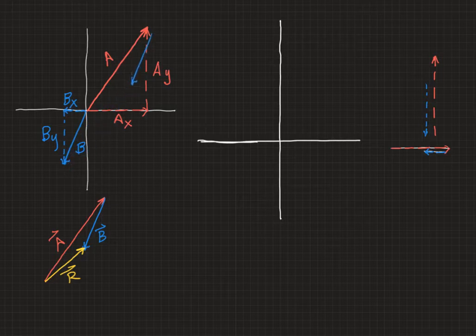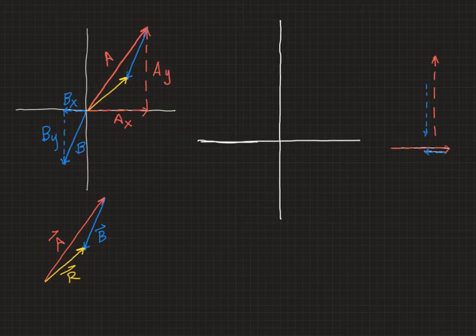If I had just moved vector B up here, or I could have moved vector A down to the other position, but I'm going to be consistent. It would turn out that the resultant vector is still the same.